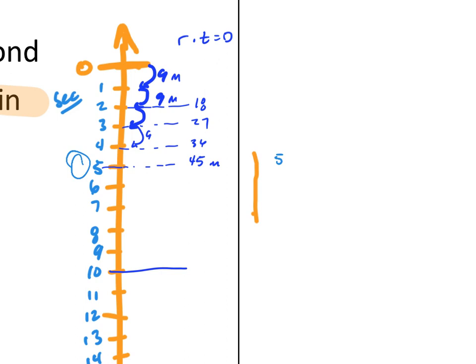Our rate is still always just 9 meters per second, and 9 times 5 is 45. So if we look at 10 seconds, then our rate is still 9 meters per second. We have 10 seconds. That's going to mean we're at 90 meters.